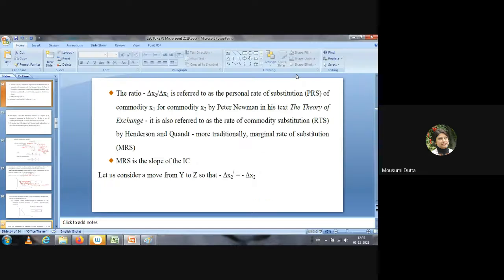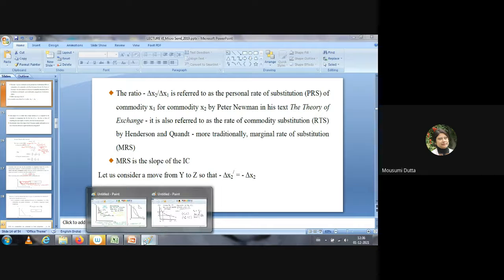So the slope of the indifference curve is given by MRS.